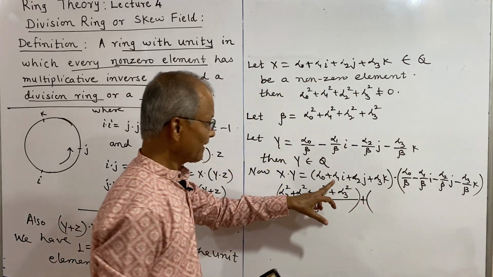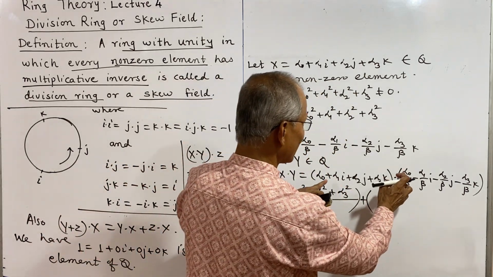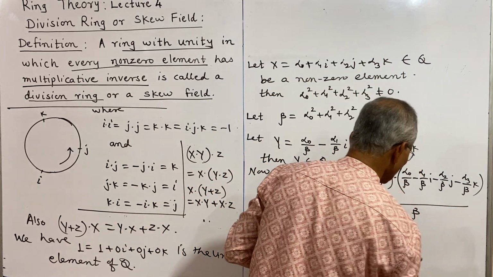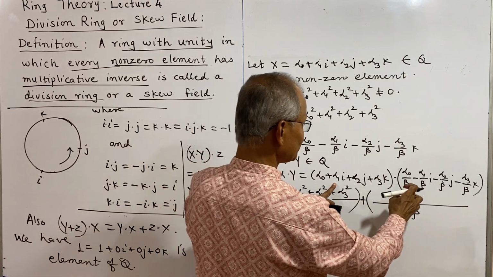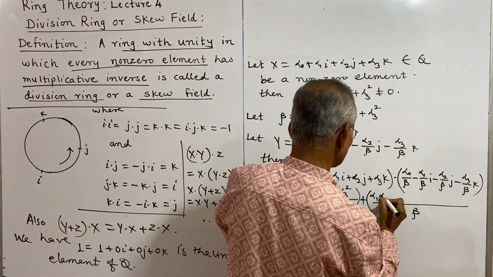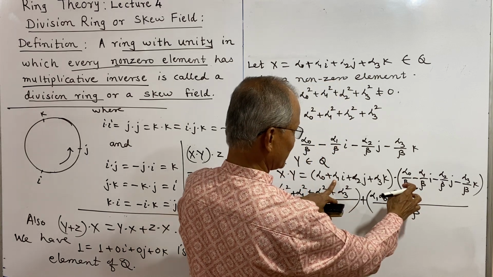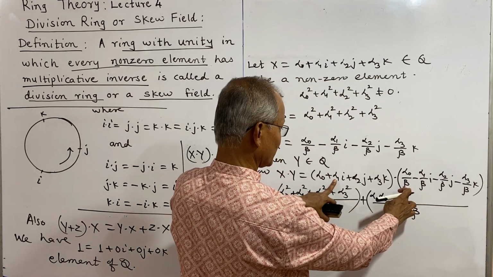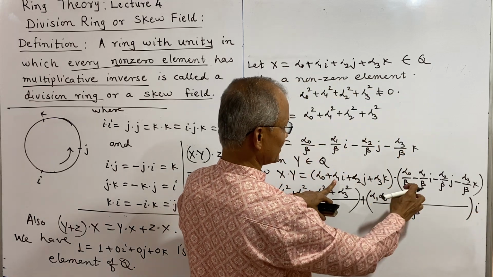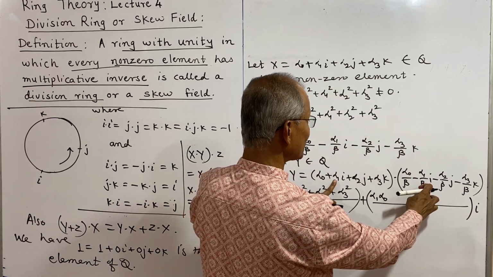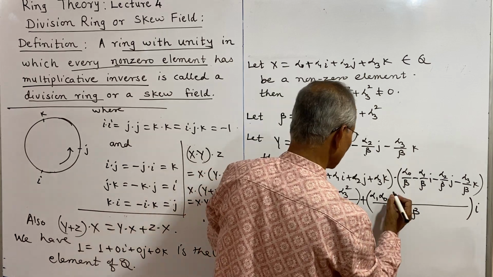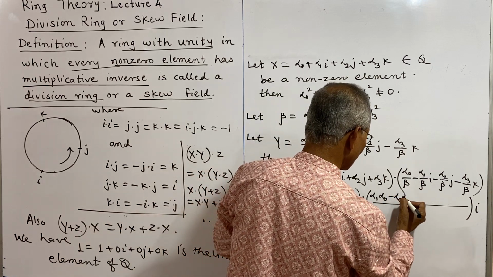Now see alpha 1 into alpha naught, and this beta is the common denominator, so alpha 1 alpha naught, and that is the component of i. Again the component of i is here alpha naught alpha 1 with negative sign, alpha naught alpha 1.